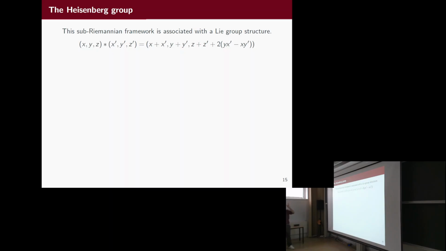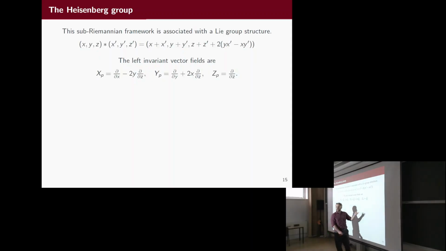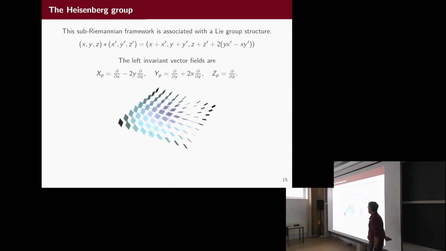there is a whole Lie group structure we can put on this. You can approach this from the world of Lie theory. The left invariant vector fields of this group operation are those capital X and capital Y that we were talking about, and capital Z, but we're only going to care about capital X and Y. And yeah, that's the same picture.